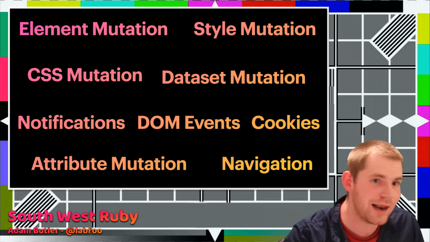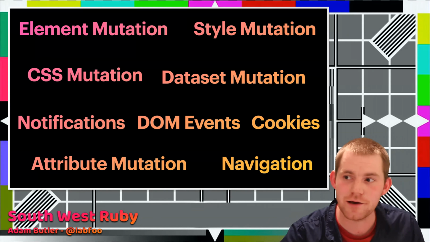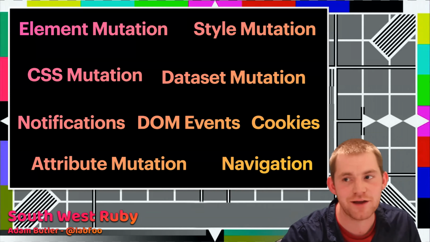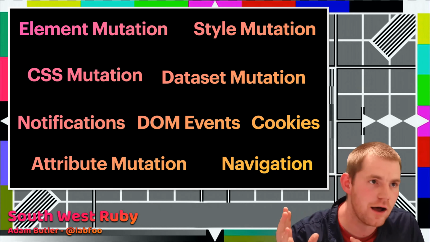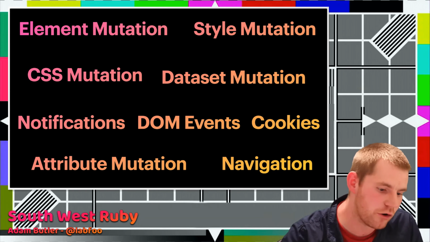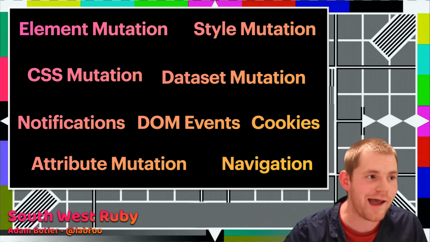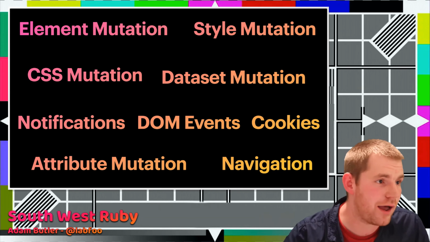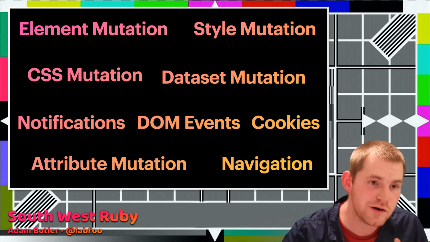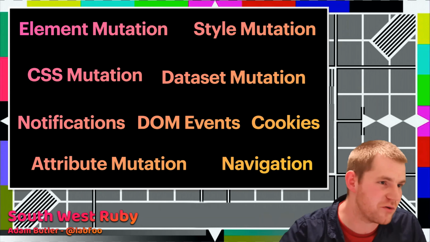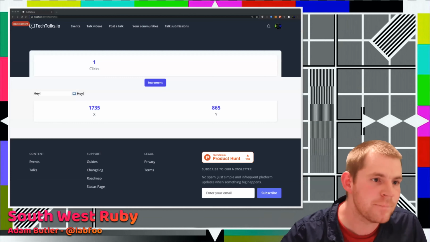It can do element mutation. It can read or set attributes within the DOM. It can do navigation. It can modify styles on a local or global level. We've got a lot of tools at our disposal, but Stimulus Reflex, as far as I'm aware, only ever uses element mutation. So it only ever replaces things within the DOM with the content you've provided. So there's a lot of power here.